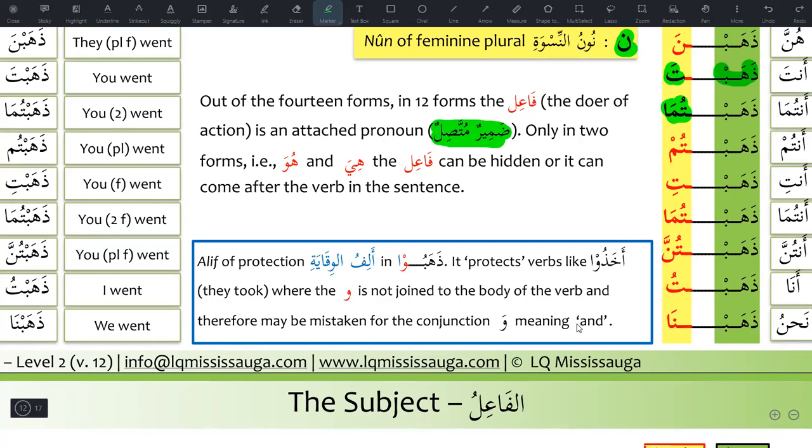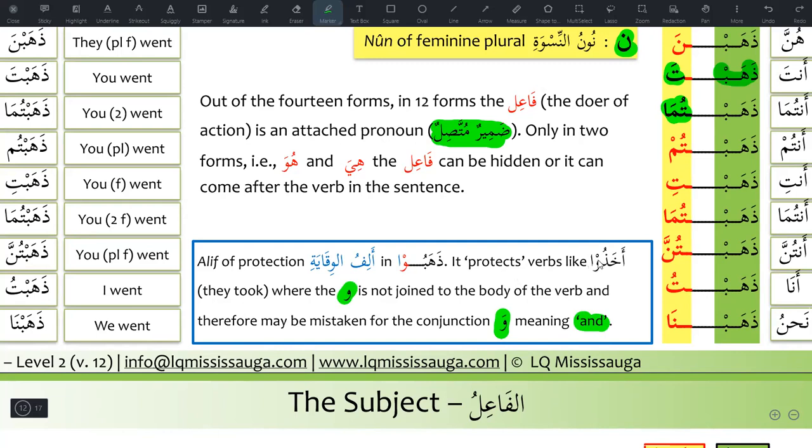We can read it wrong, because this waw is not and. This waw is a part of the verb, and this is not a separate waw.